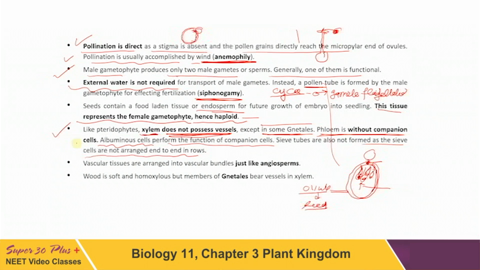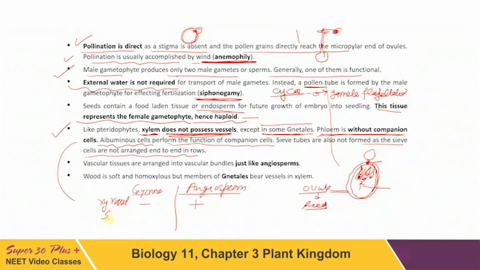You see, this is a very important feature. Let us compare angiosperms and gymnosperms. In gymnosperms, xylem vessels are absent. In angiosperms, xylem vessels are present.